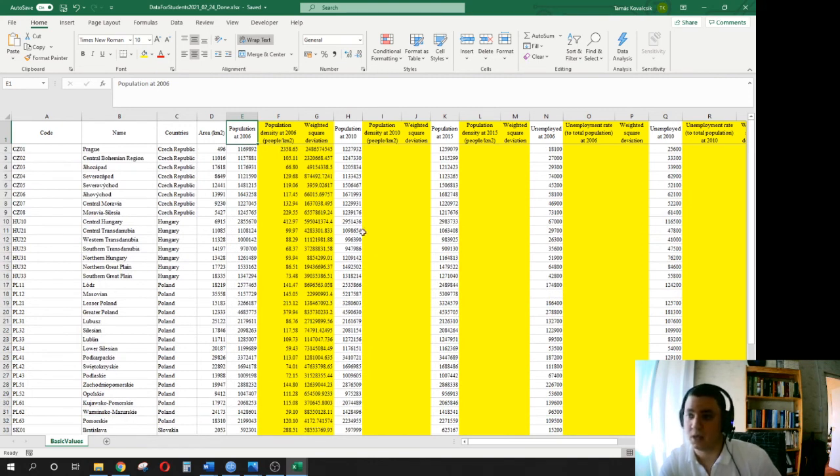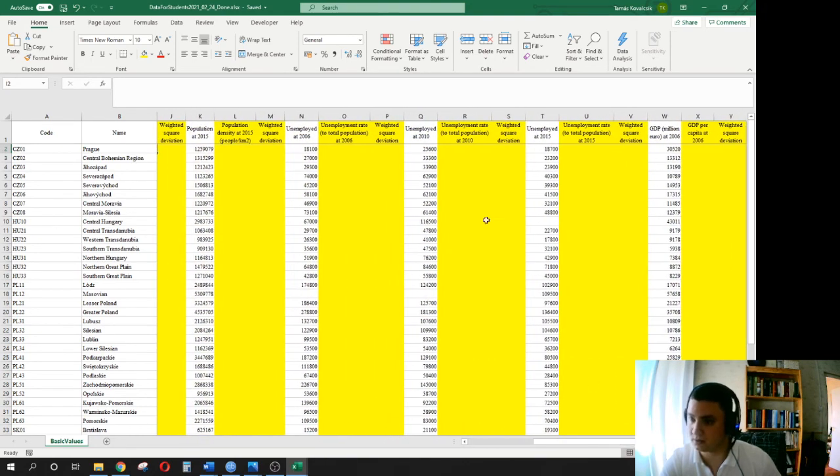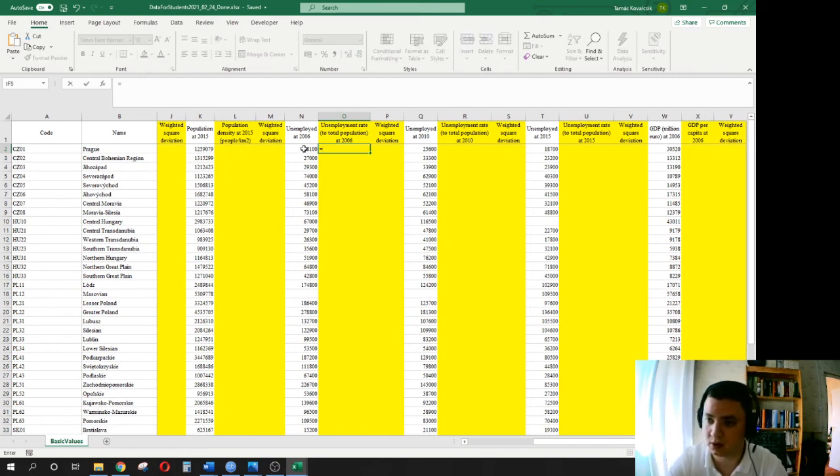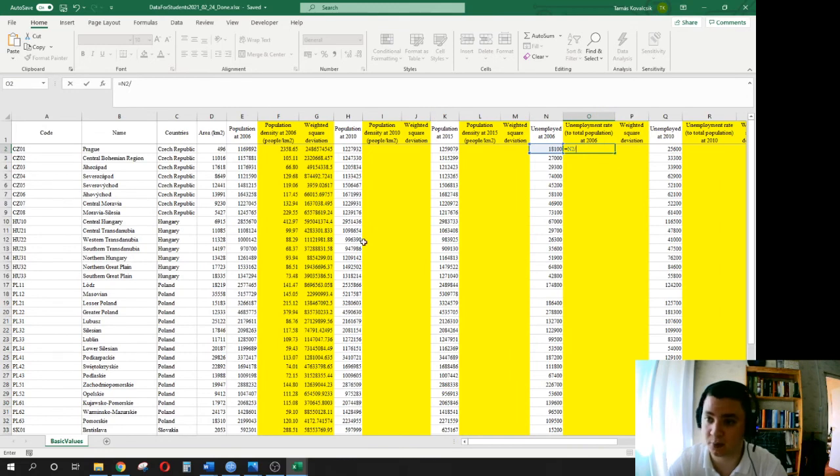You have to make these calculations for all of the variables, all of the datasets. I just showed you how to calculate the unemployment rate: the unemployed people divided by the right population number, the 2006 unemployment rate.